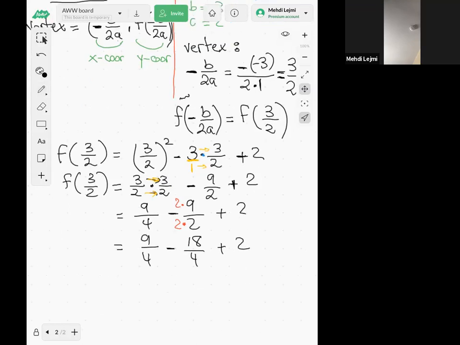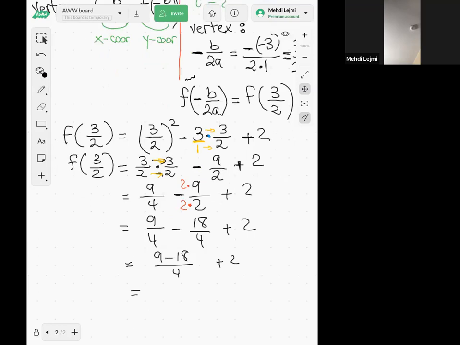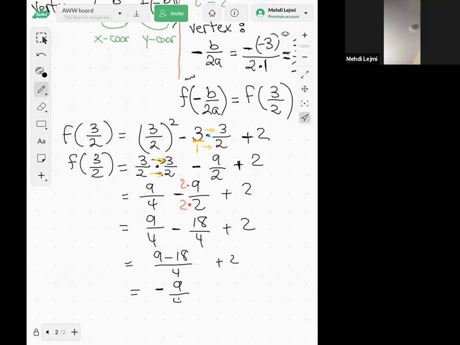That would be 9 minus 18 over 4, and then there's this plus 2. 9 minus 18, of course, is negative 9. So it's going to be negative 9 over 4 plus 2.